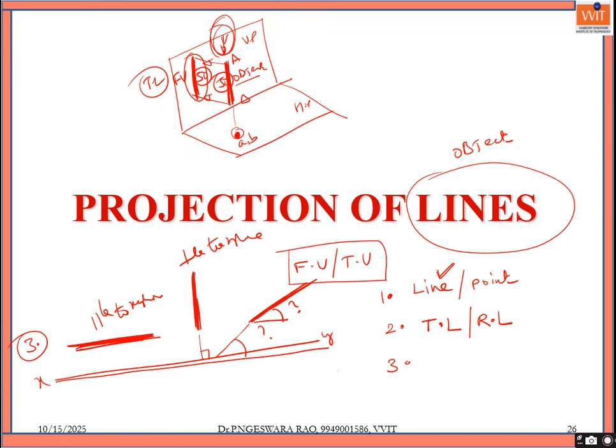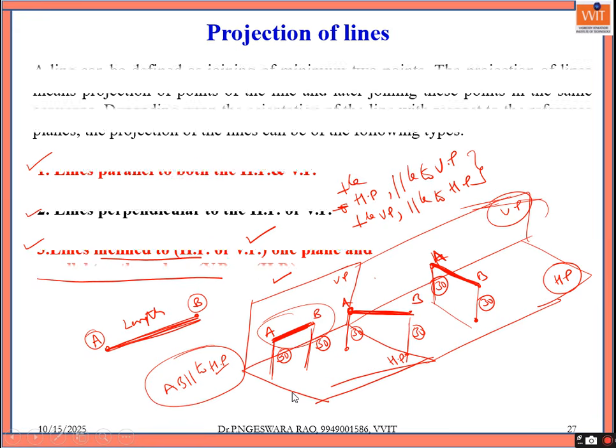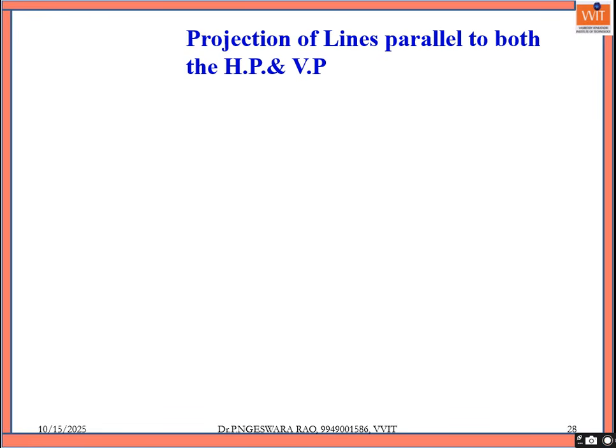Now let us discuss the same conditions for different cases. Now this is the first condition. The line must be parallel to both HP and VP.